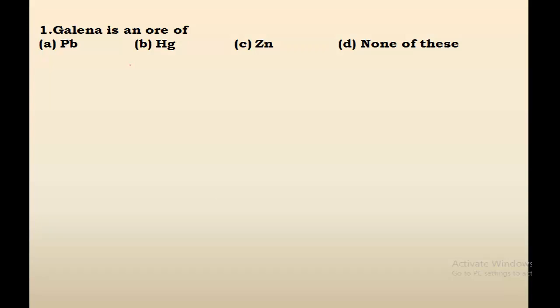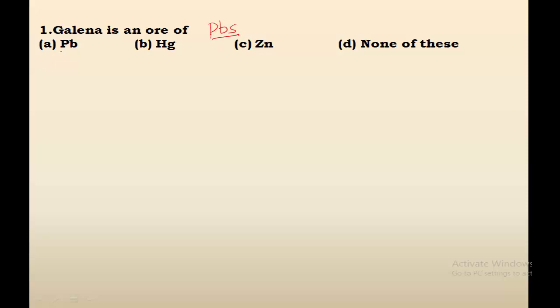First one, galena is an ore of. So what is galena? What is the chemical composition of galena? First you should know the formula, that is why I have already told you: remember the chemical composition of ores as much as possible. So galena is represented as PbS, that is lead sulfide.